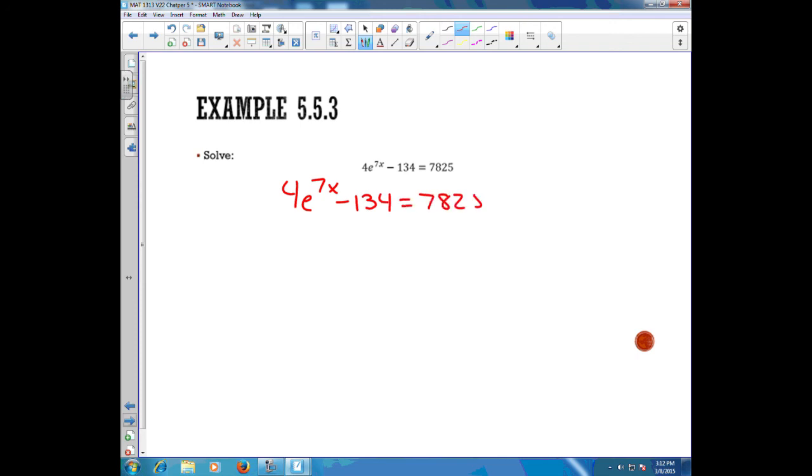Well, the first thing we want to do here is isolate our exponential component. And so we're going to start by adding 134 to both sides. And we get 4e to the 7x is equal to 7959.